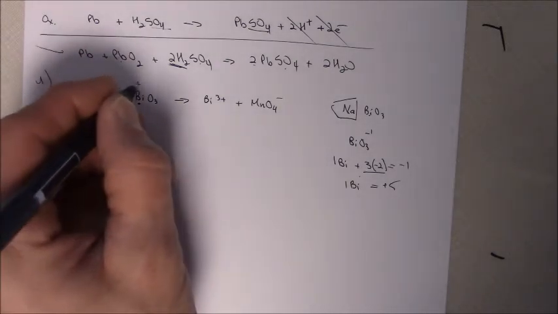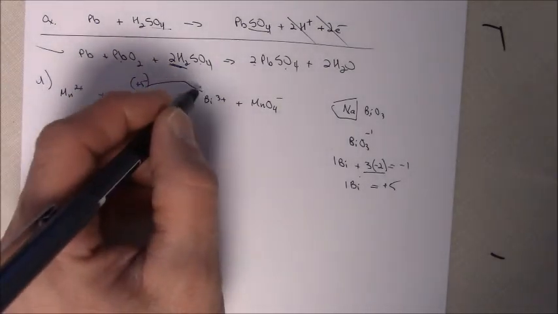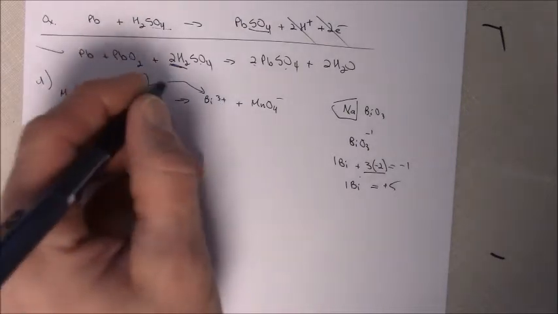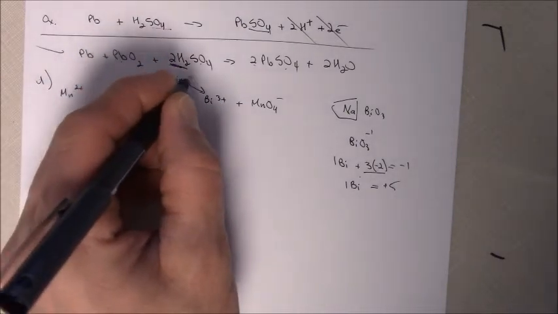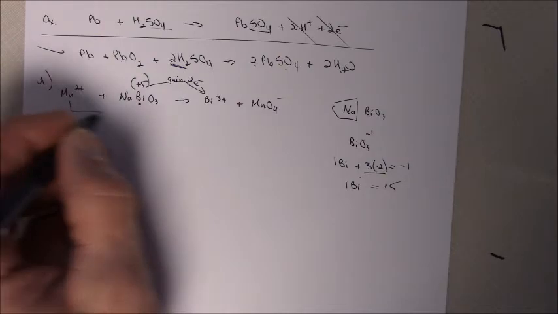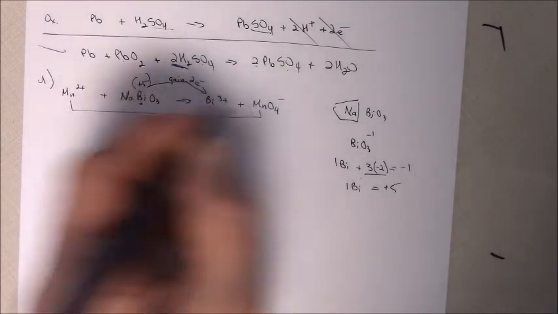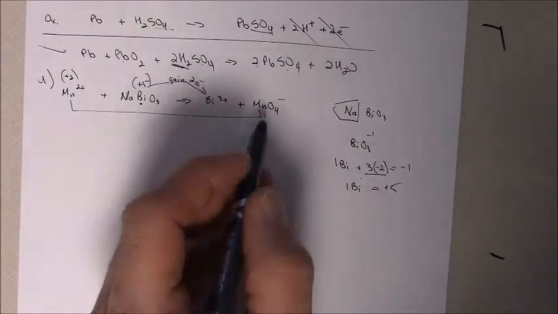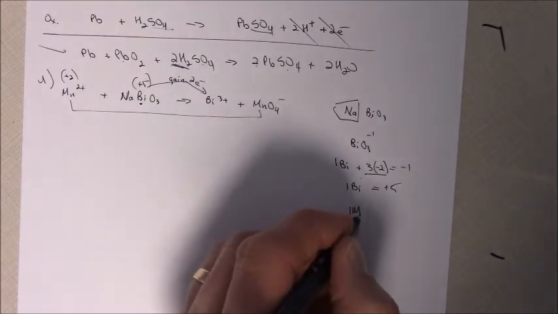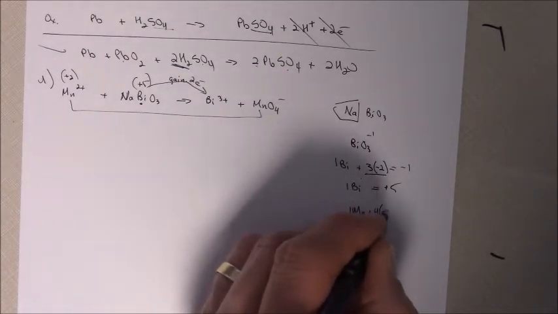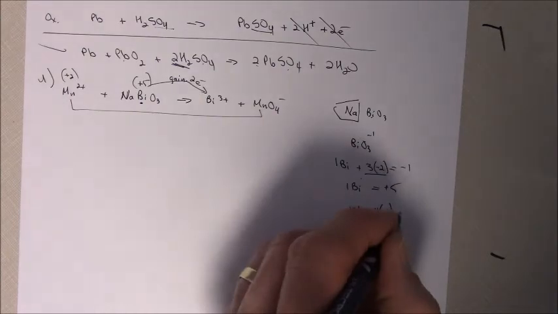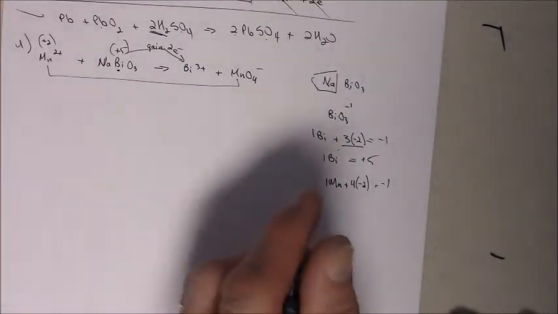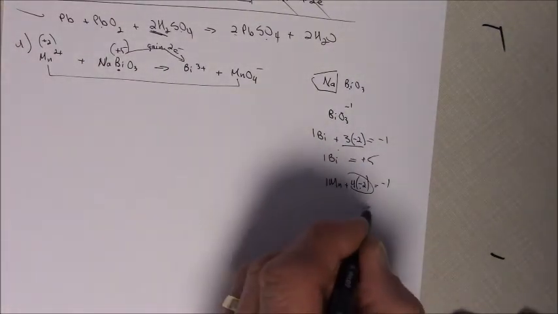So this is a +5, and clearly it goes to a +3. So this thing gained 2 electrons. Manganese here is a +2. Manganese right there, you got 1 manganese plus 4 -2 oxygens equaling -1. So this is a -8, bring it over, it's going to be a +7.